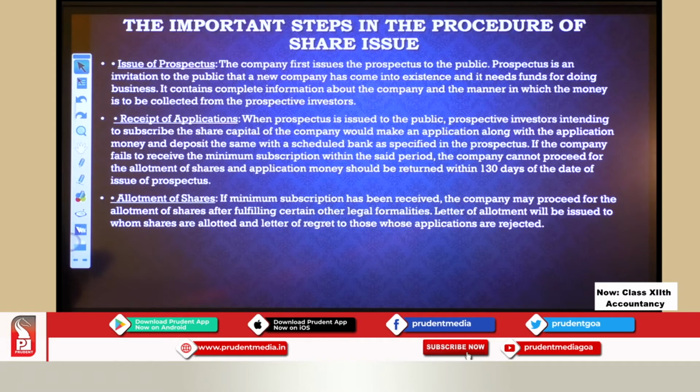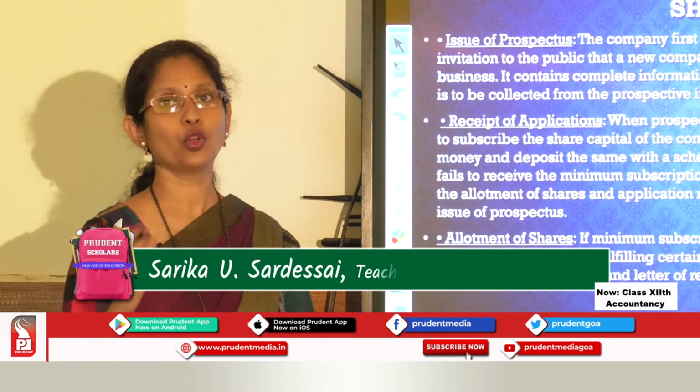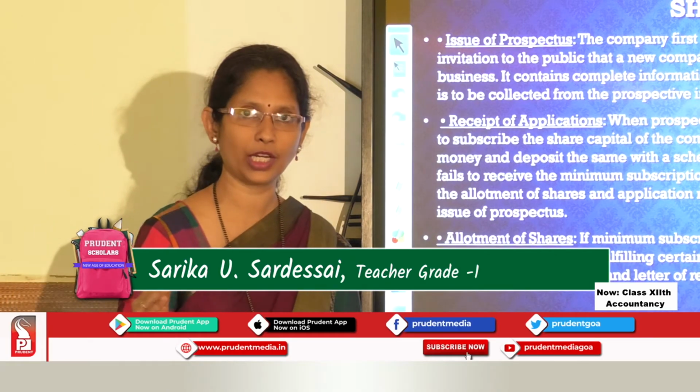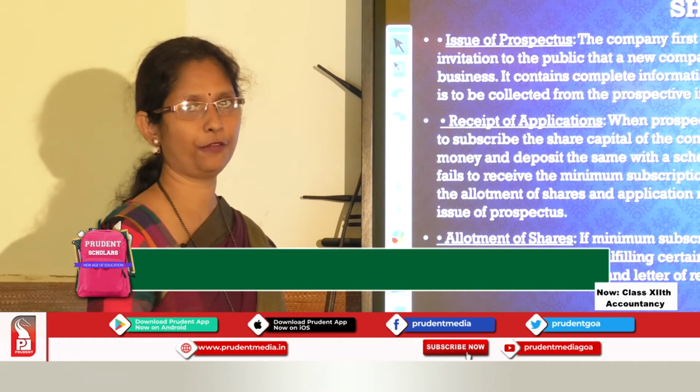A letter of allotment will be sent to the people to whom the shares are allotted and a letter of regret to the people to whom the shares are not allotted. That means their applications are rejected. So when their applications are rejected, their money will be given back. So there will be a refund.